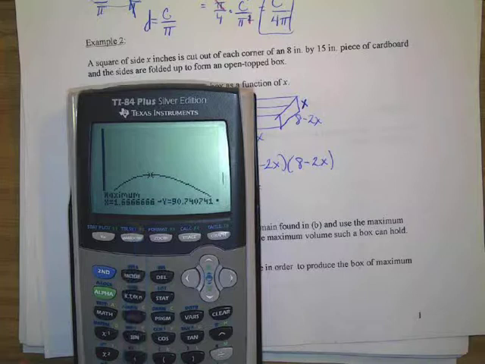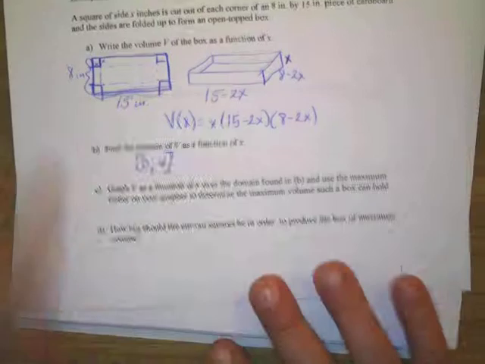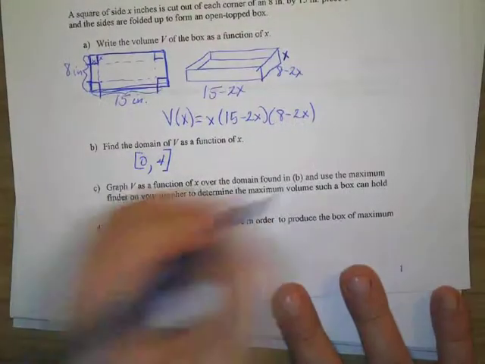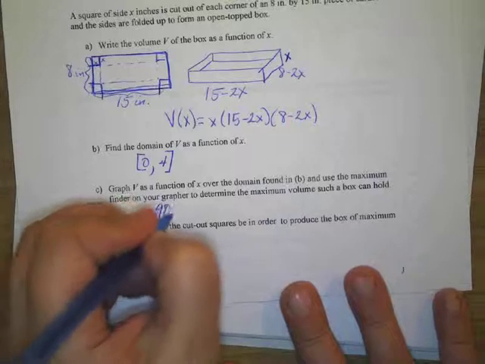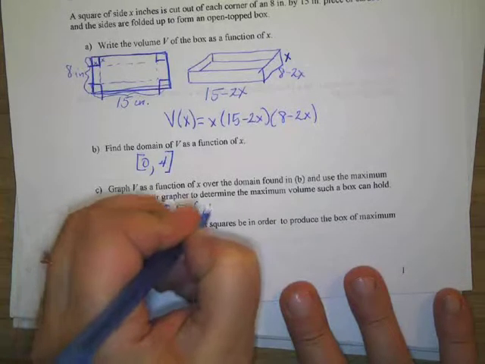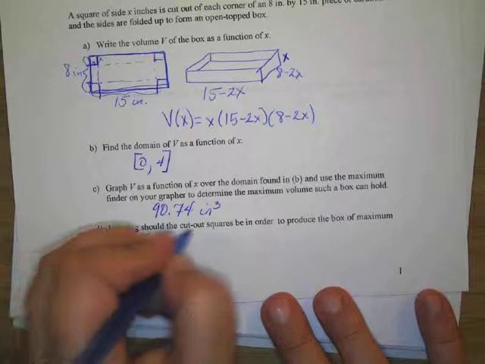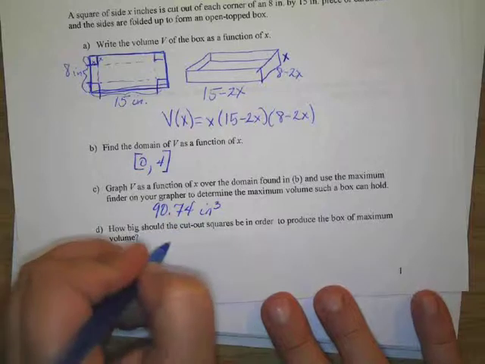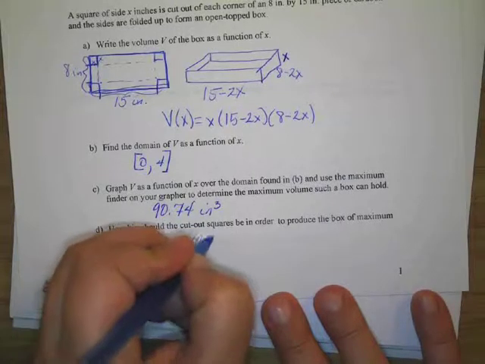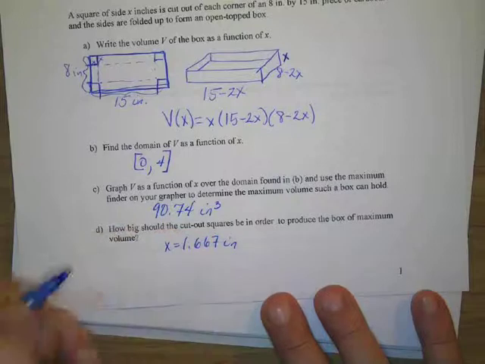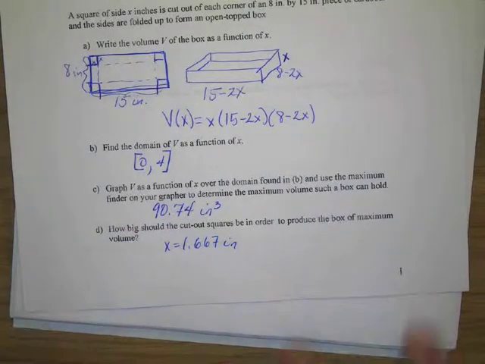So for part C, they said graph it. What's the max volume? 90.74 cubic inches. And how big should we cut the square to get that max volume? That's how big the square was, or should be. It's basically a 1 2/3 inch square.